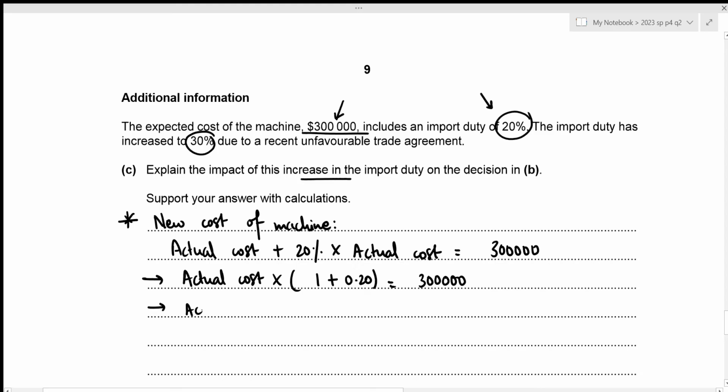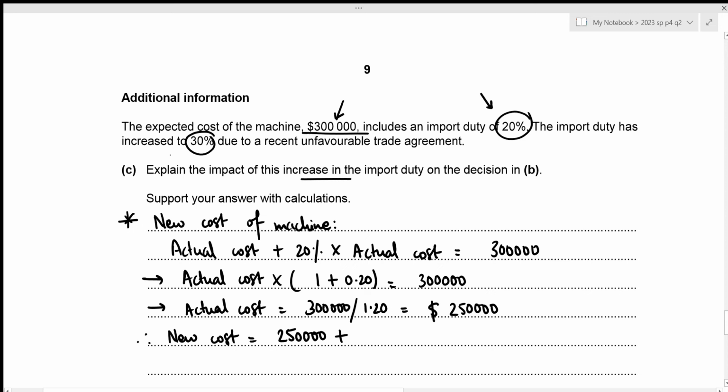Okay, from here we can easily figure out the actual cost. That is just going to be 300,000 divided by 1.20, and this results in the actual cost of the machine to have the value of 250,000. Okay, now the new cost is going to be the actual cost of 250,000 plus an import duty of 30%.